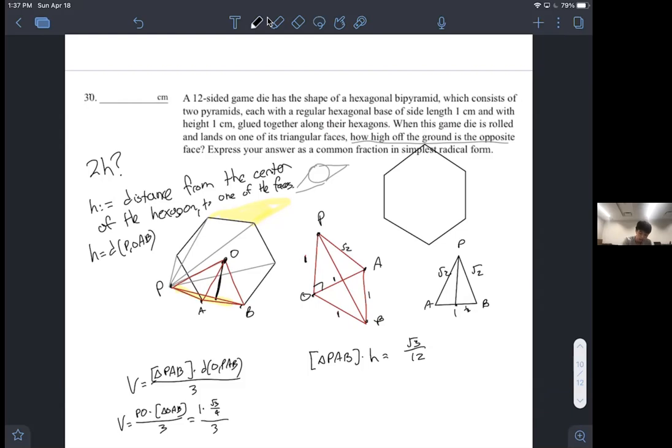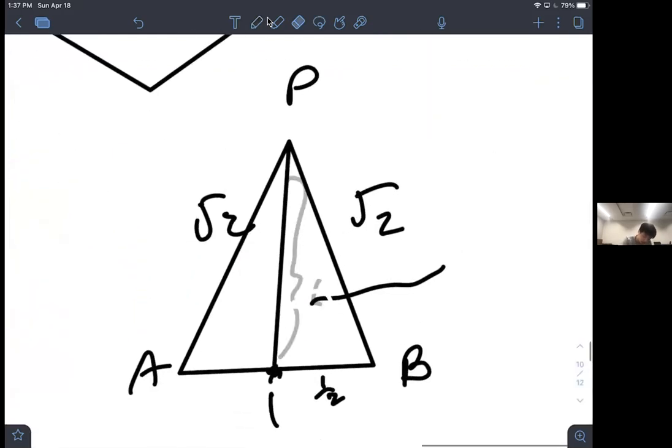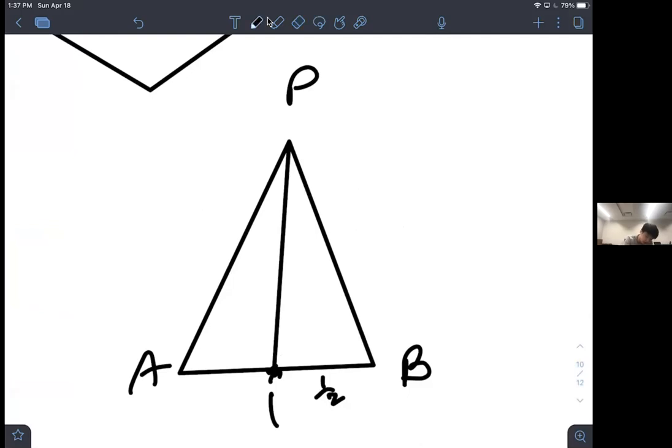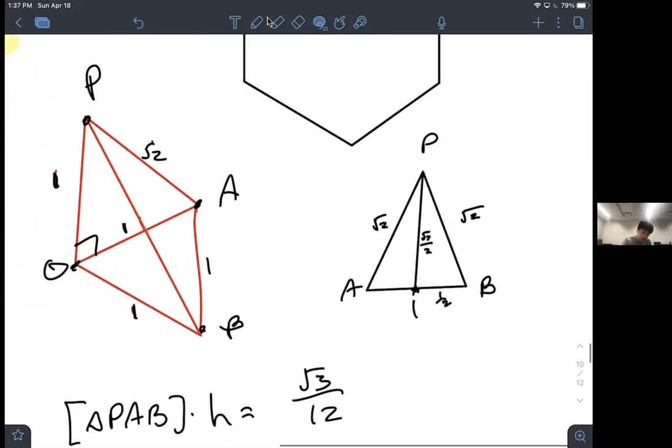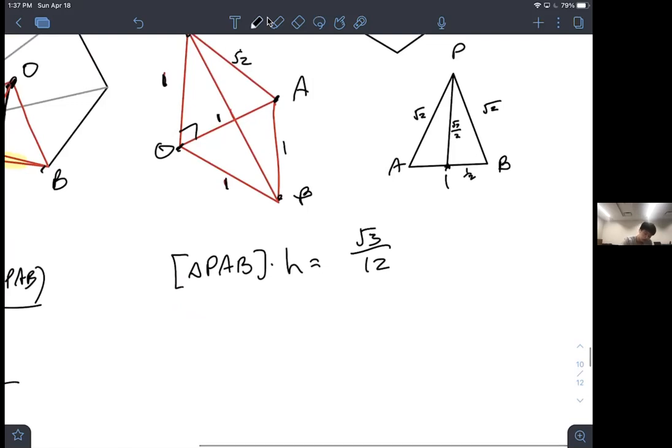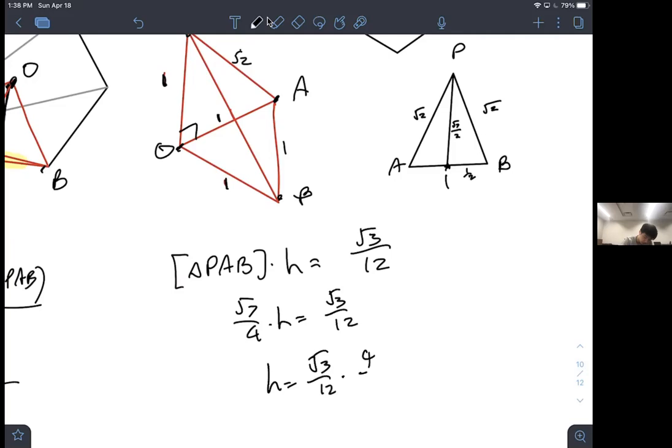This half length is 1/2, and then by the Pythagorean theorem, this length is √7/2, because it's the square root of 2 minus 1/4, which is 7/4. So the height is √7/2, and the area of triangle PAB is √7/4. So √7/4 times H equals √3/12.